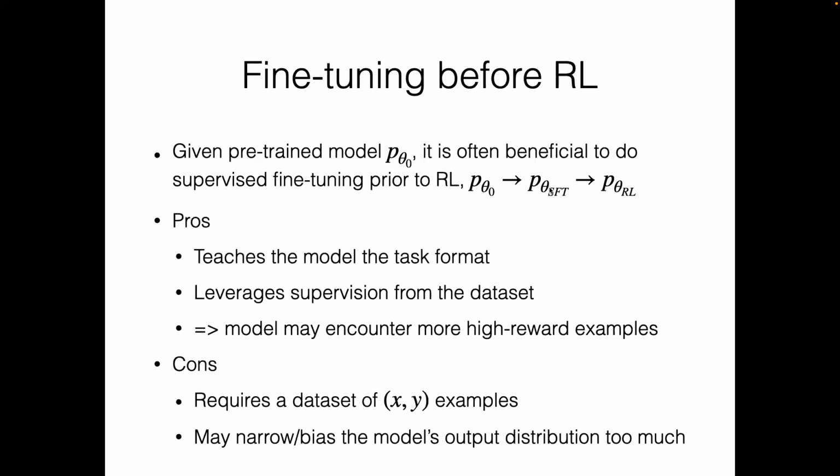So suppose you fine tune a model on all of these human written solutions, then when it goes to do reinforcement learning, it'll be generating solutions that are similar to the ones you fine tuned on. And so it may be possible that it's actually better to just let the model explore on its own.